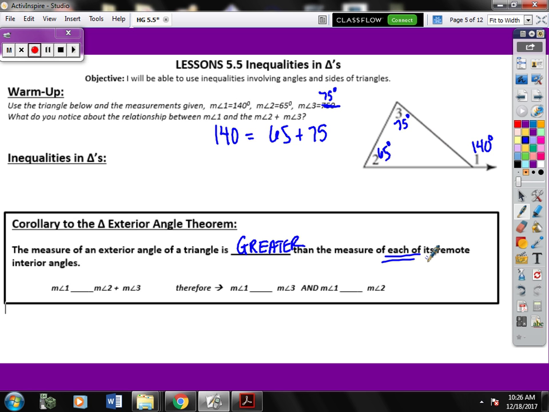The original theorem says that the measure of angle 1 would equal the measure of angle 2 plus 3. The corollary tells us that the measure of angle 1 has to be greater than the measure of angle 3, and greater than the measure of angle 2. That exterior angle is always going to be the biggest one, because it's the sum of the two interior angles.